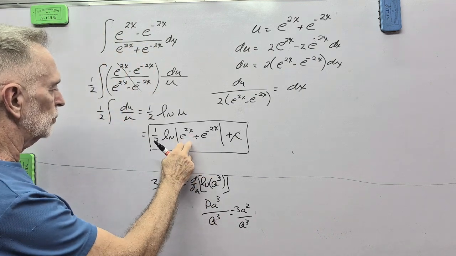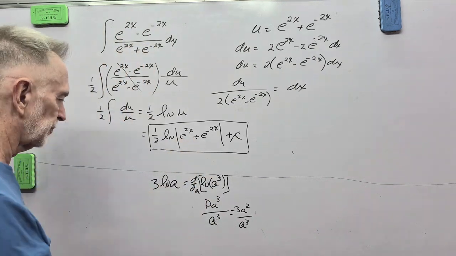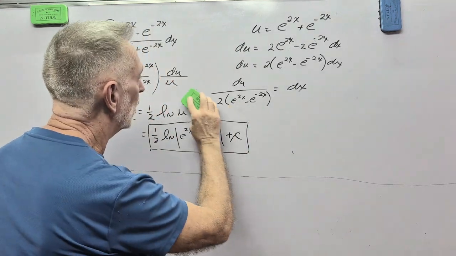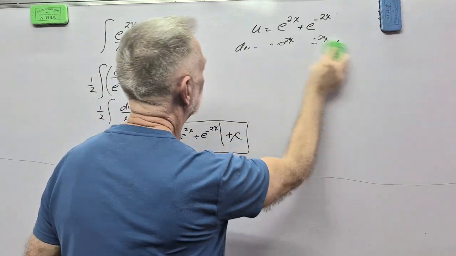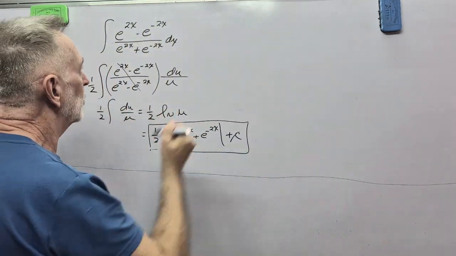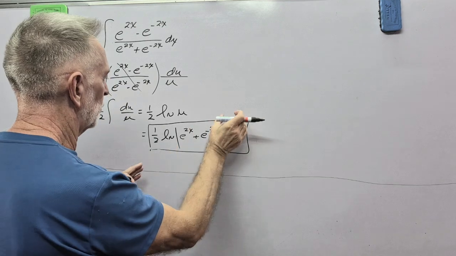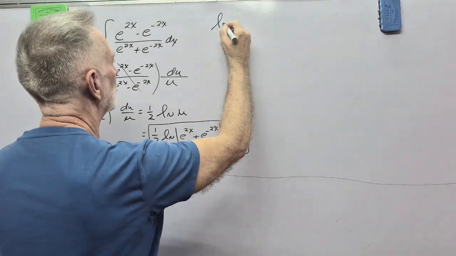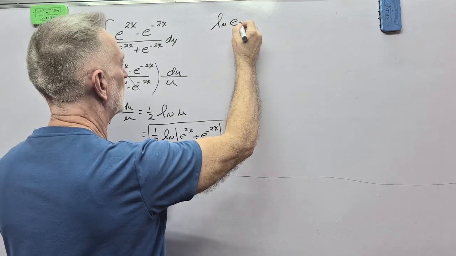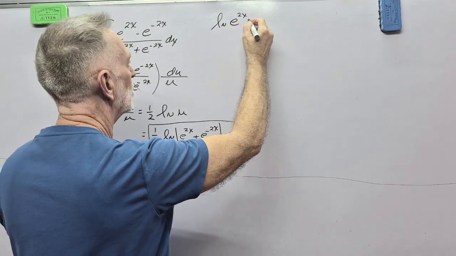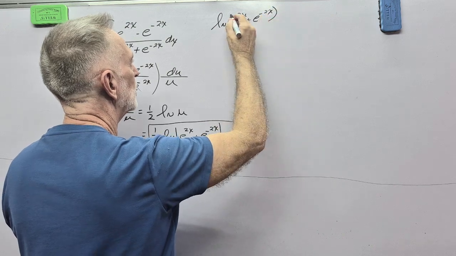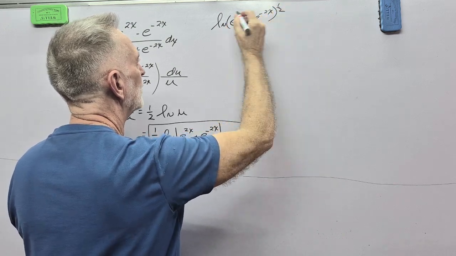So I'm going to do the same thing with this function. Sorry for my sloppy writing there. Let me get rid of a few items here so we'll give ourselves some room. I'm going to rewrite this with the 1/2. So I've got the natural log of e to the 2x plus e to the minus 2x, to the 1/2.